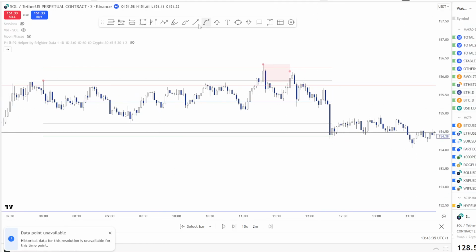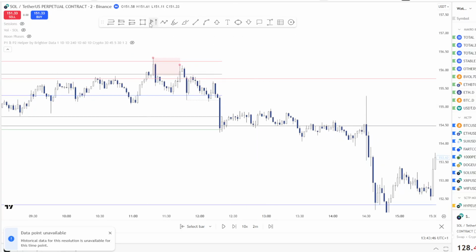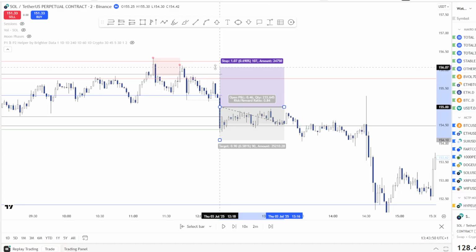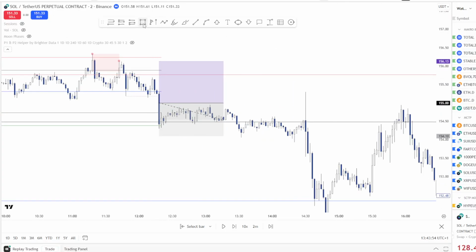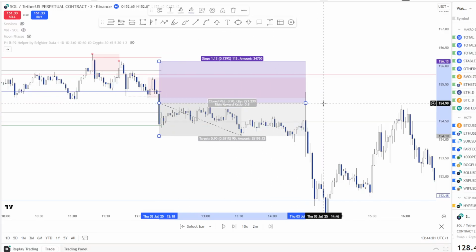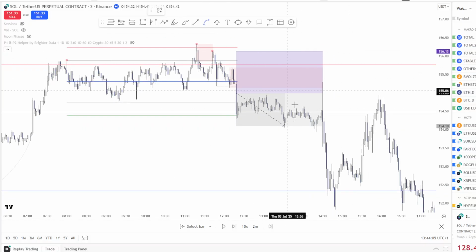So yeah, here we SFP'd, so we have to use, and here we broke back to bearish. We came back for the supply. Very nice to see how price is leaving liquidity here.